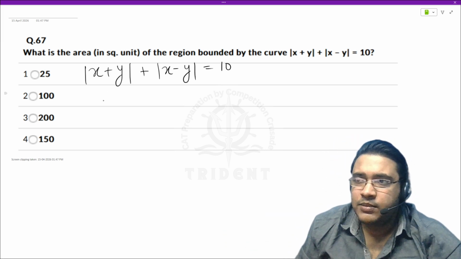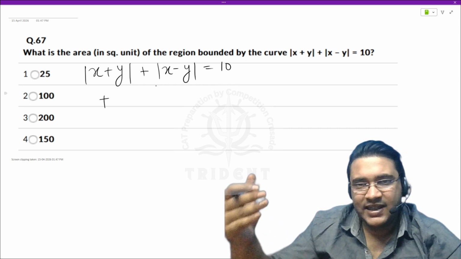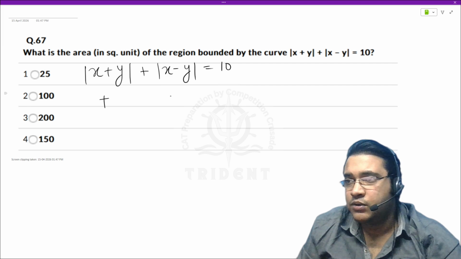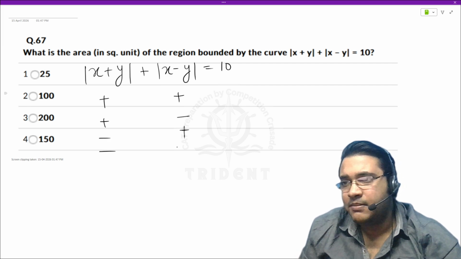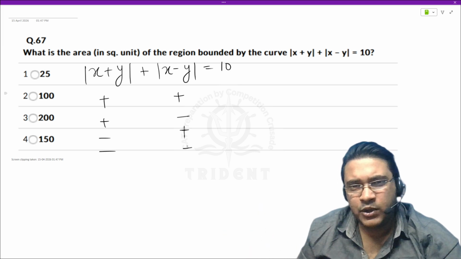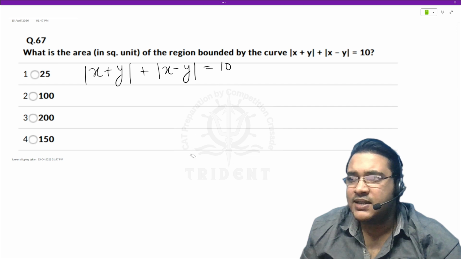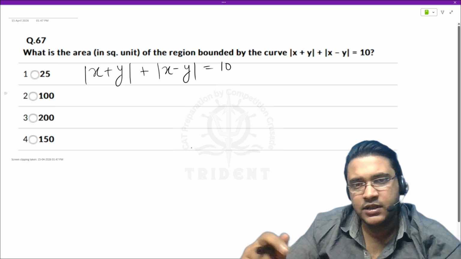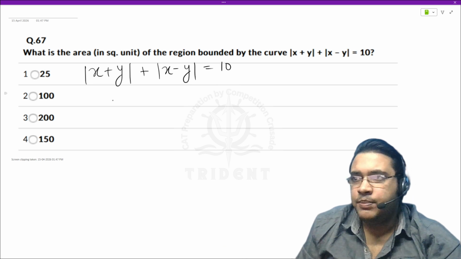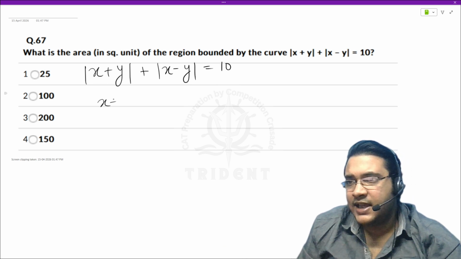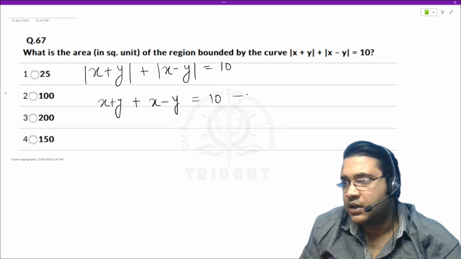The possibilities are that the value of x plus y could be a plus, and the other one could also be a plus; plus minus, minus plus, and minus minus. Are there any other permutations possible? No. Remember, this is just for explaining what is inside the picture. To solve this question there is a direct formula, but formulas and all we don't pay attention to. So this is x plus y plus x minus y equals 10, my equation number 1.